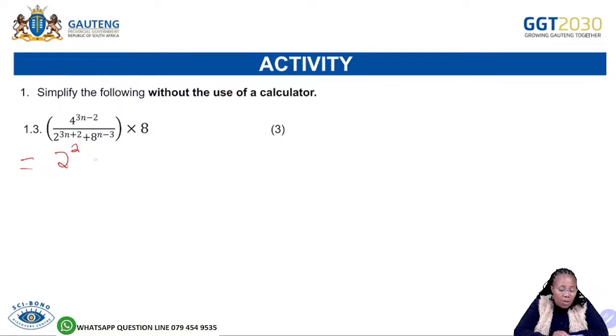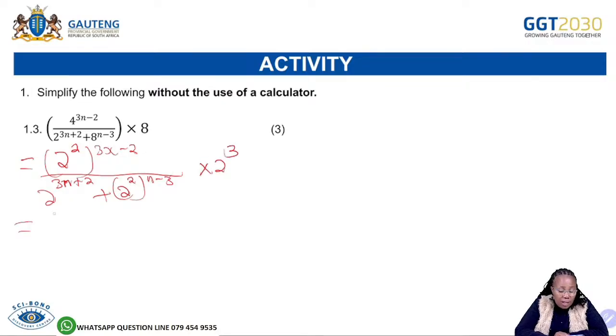This will be 2 to the power 2 into 3x minus 2. With the prime base, we have 2 to the power 3n plus 2 plus 2 to the power 2n minus 3 multiplied by 2 to the power 3. And then now we are having there 2 to the power 6n minus 4 over 3 to the power 2 to the power 3n plus 2 plus 2 to the power 2n minus 6.